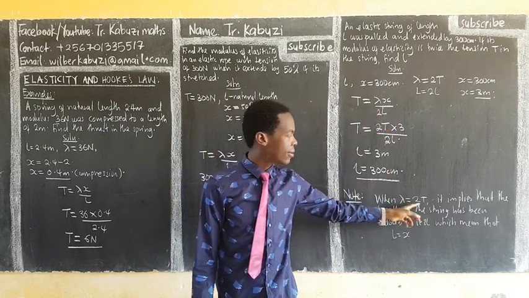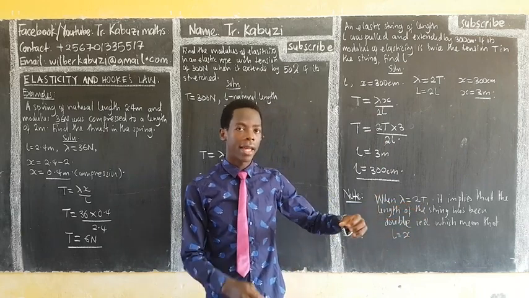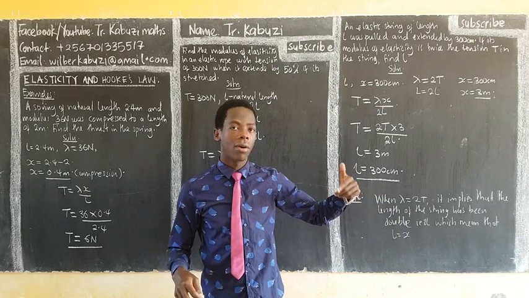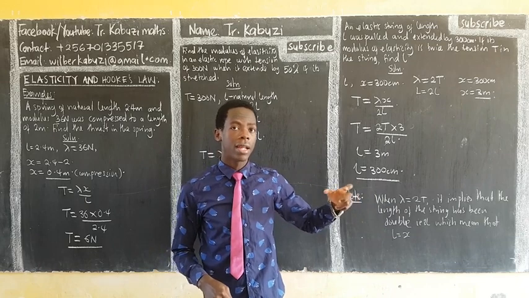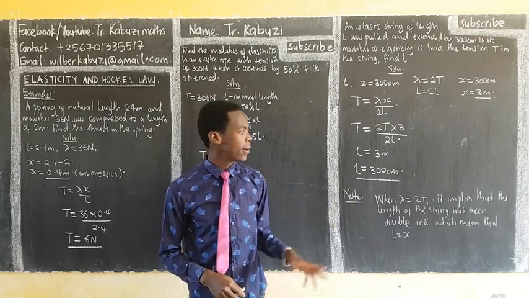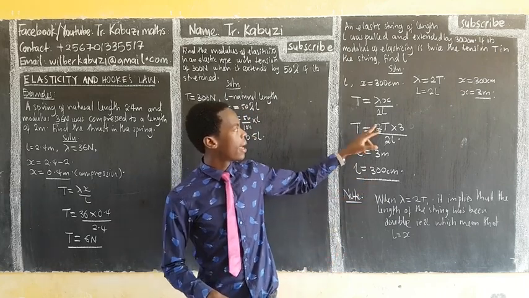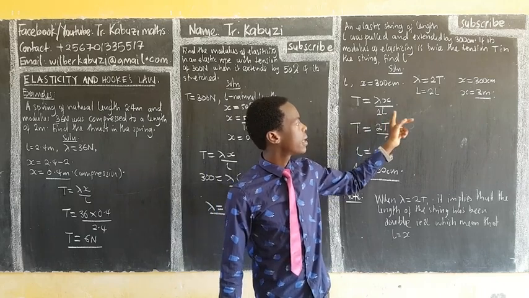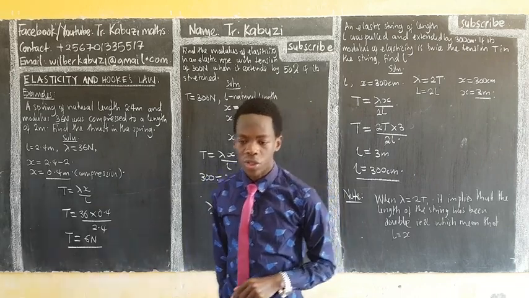Whenever lambda is twice the tension, it means that the length of the string after stretching is twice the initial natural length of that string. That's the case we had here. I wanted to show you this. But our formula, this is our L, basically, so we have substituted it. So, that's it. I wish you well.